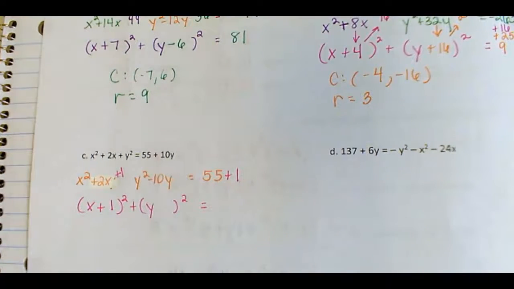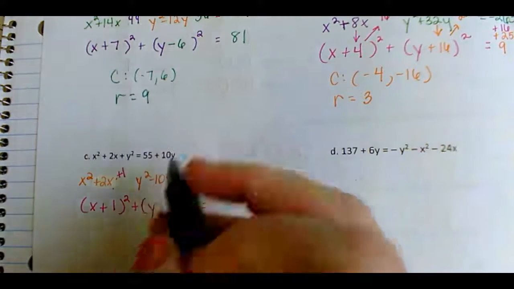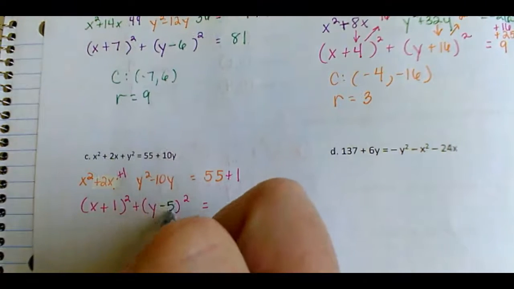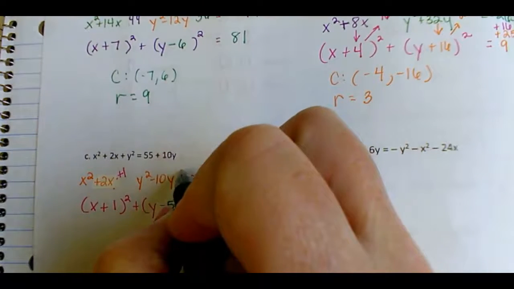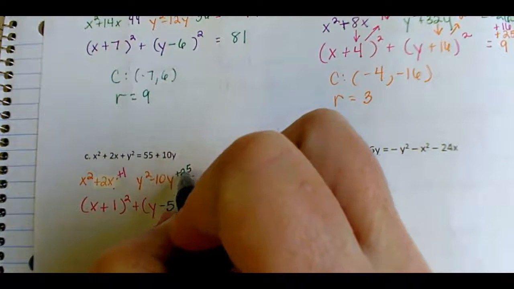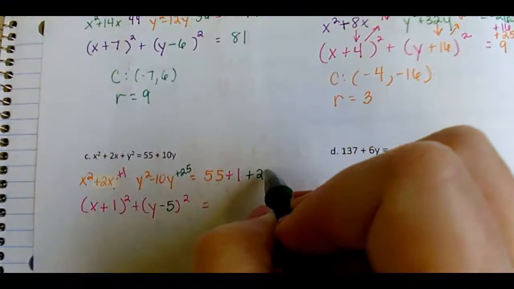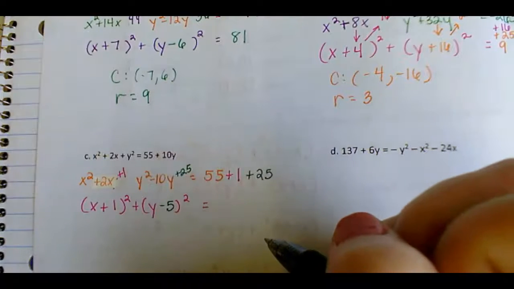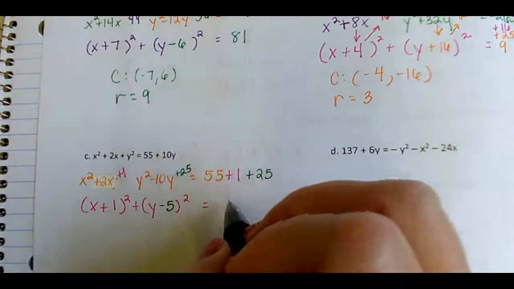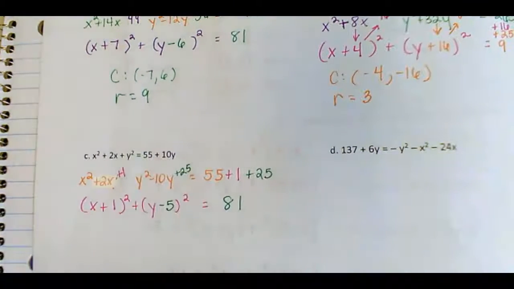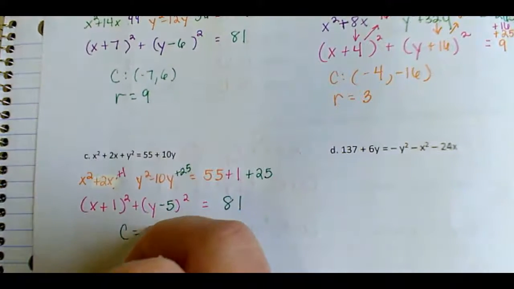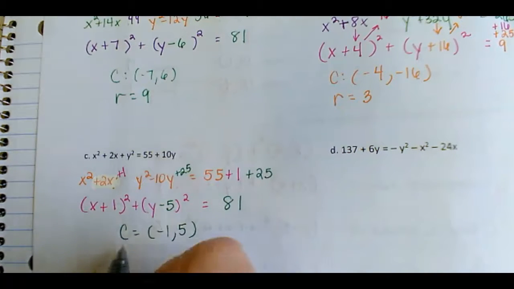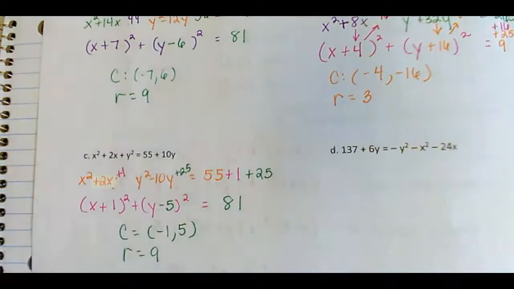Okay? And then I take half of the 10 and bring the sign. Square it, so that's a 25. It's always positive when you square it. And then add 25 on this side. And then when you add all those together, I do think you get 81. So the center is -1, 5. And the radius is 9.